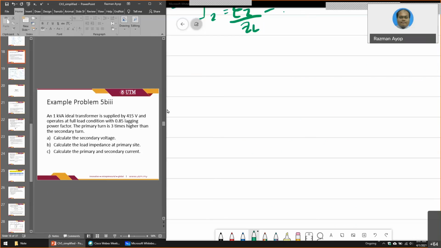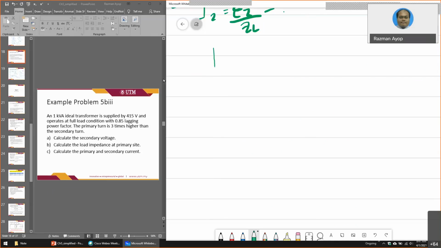Full load means that the rating is full load. This is the rating of the transformer. 1 kVA is the rating. S equals 1 kVA. So this is the rating, and full load means that it will use all.